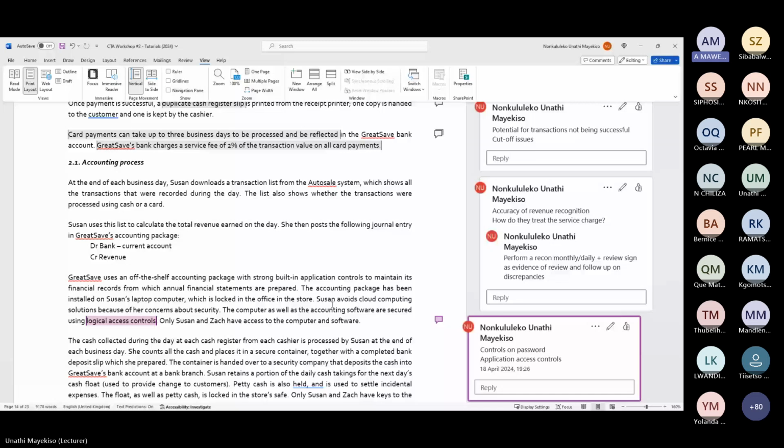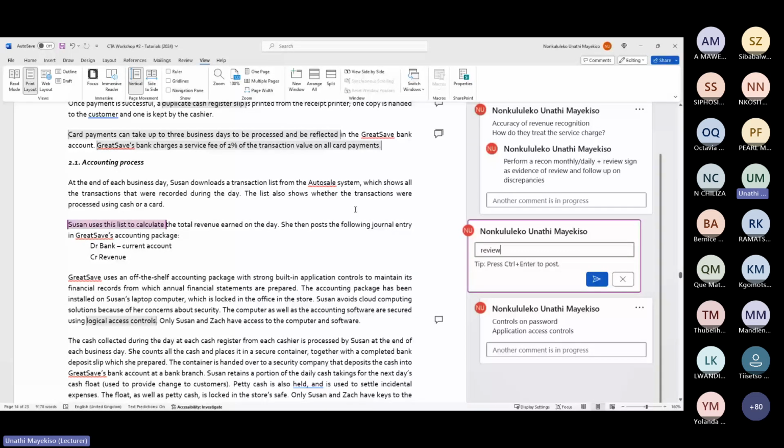Before I was talking about the logical access controls, like there are no app controls. Before that, I see that Susan actually made a calculation of the total revenue, and I'm not seeing anyone reviewing her calculation. I think that's also the weakness. Susan uses this list to calculate, review.